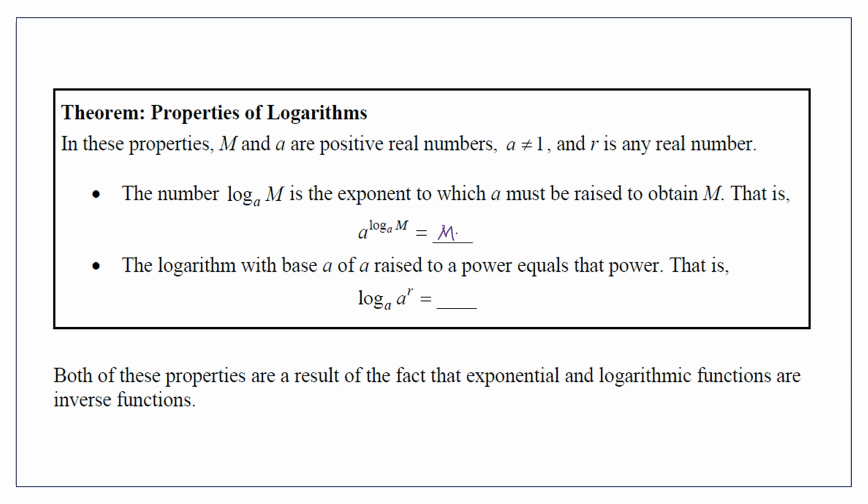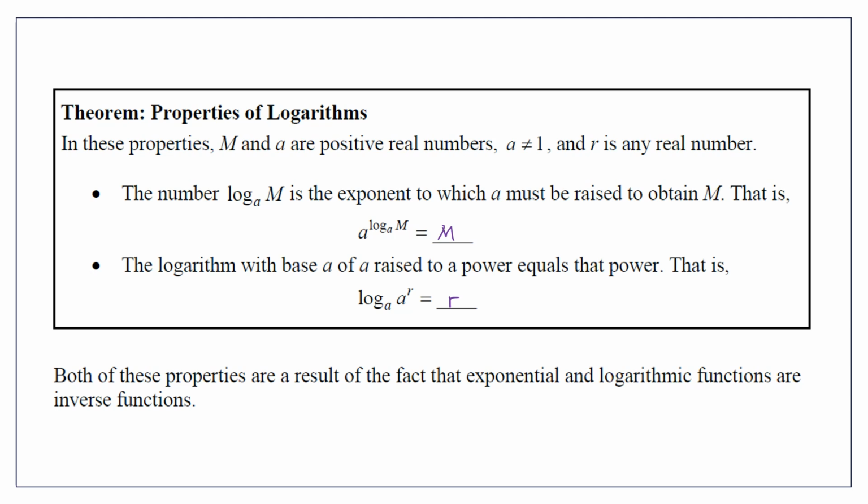The logarithm with base a of a raised to a power equals that power. That is, log base a of a to the power r equals r. Both of these properties are a result of the fact that exponential and logarithmic functions are inverses of each other.